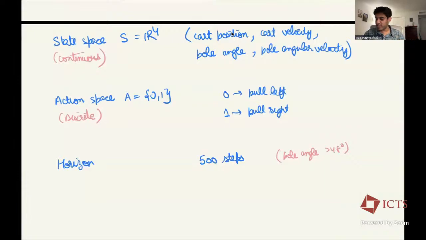If it's too large in absolute value, or if the cart position is too far off. Oh wait, I think the cart position limit is probably 4.8. Yeah, something like that. We'll see this number. Then the episode ends and you start a new episode.